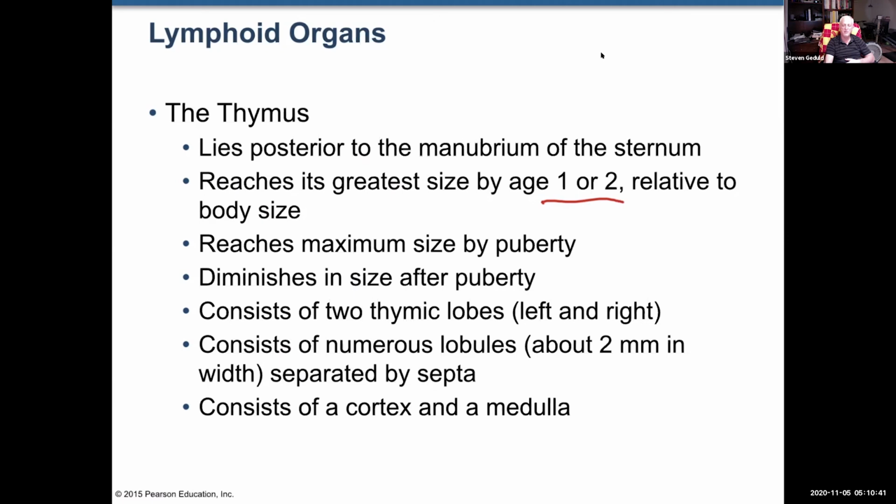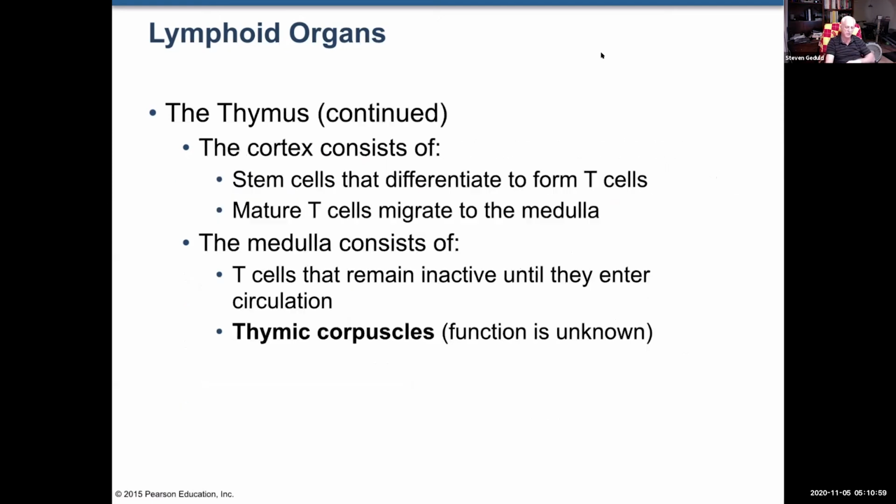There are 2 thymic lobes, the left and the right, and there are numerous lobules separated by a septum. Remember, your thyroid gland has 2 lobes separated by an isthmus. The thymus has 2 lobes separated by a septum. It consists of a cortex and a medulla.